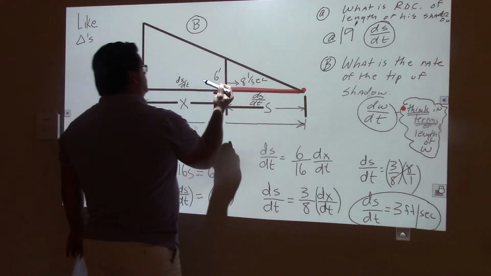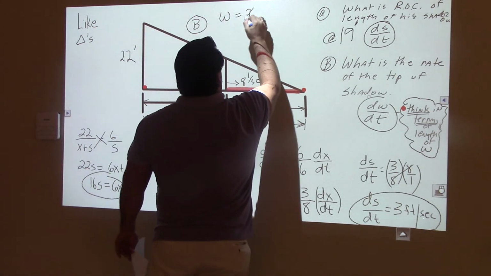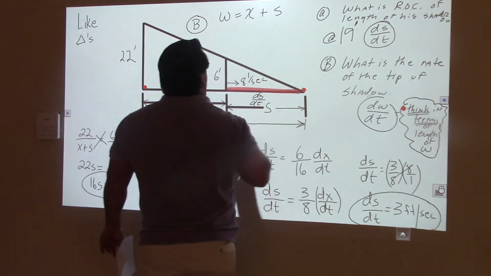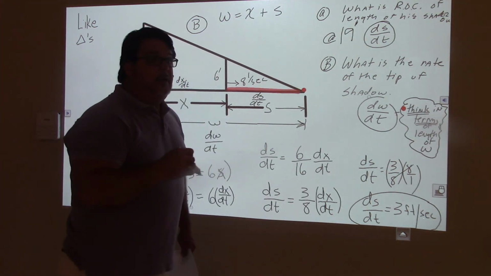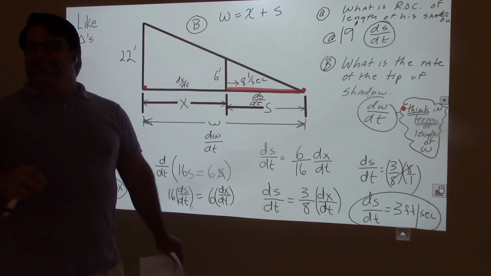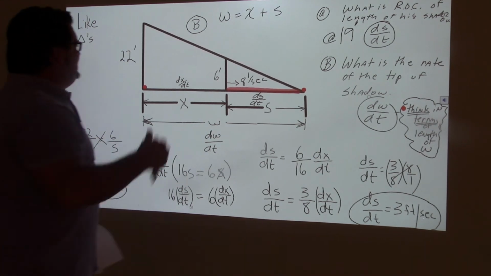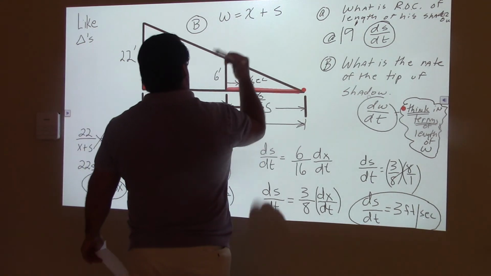X plus S. W is equal to X plus S. And now that we've got our equation, that makes sense. Okay, that's so exciting. Everybody see the light above her head? A little light bulb? That's a good moment when you see it.